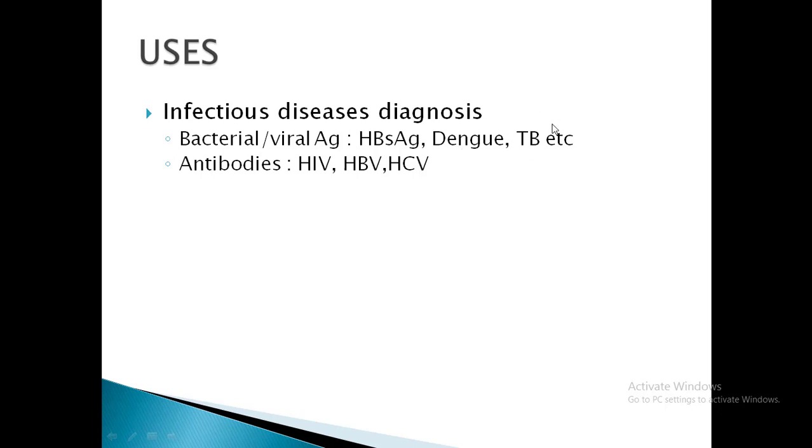We also use it for antibody detection, in tuberculosis as well. We also diagnose disease by detecting antibodies, like HIV. We use the ELISA technique for hepatitis B virus antibody, hepatitis C and TB.